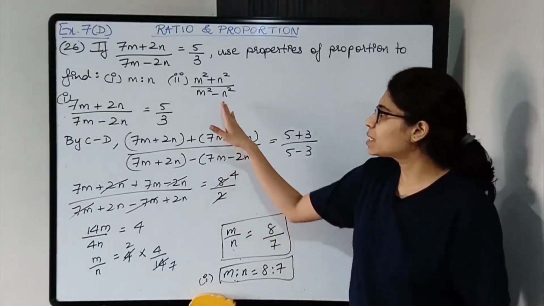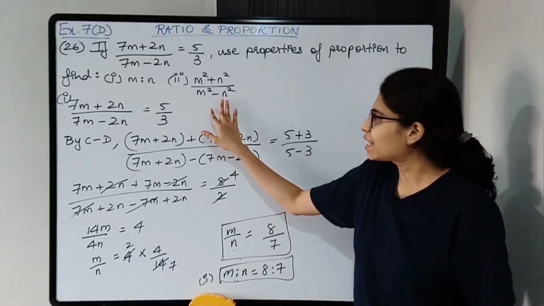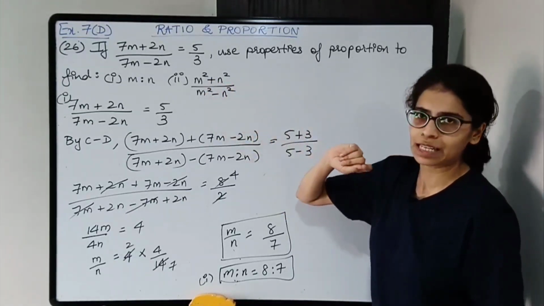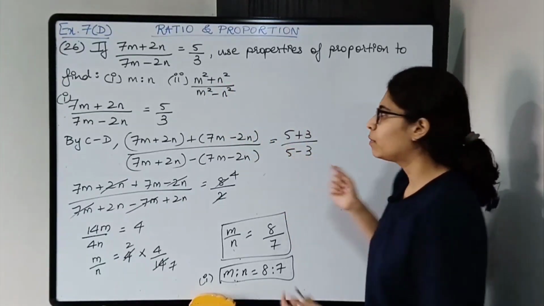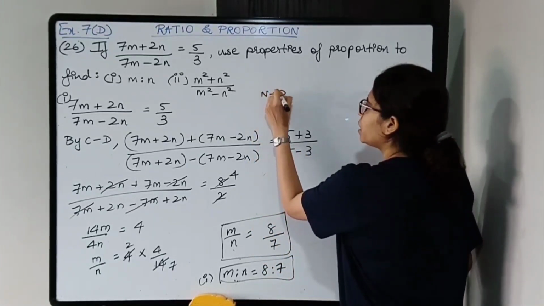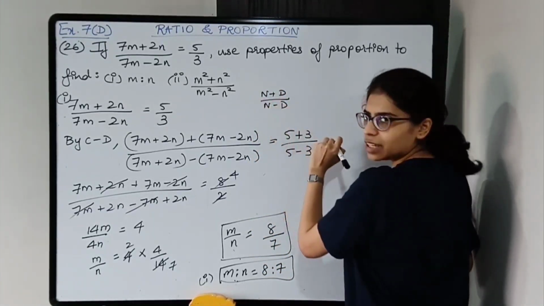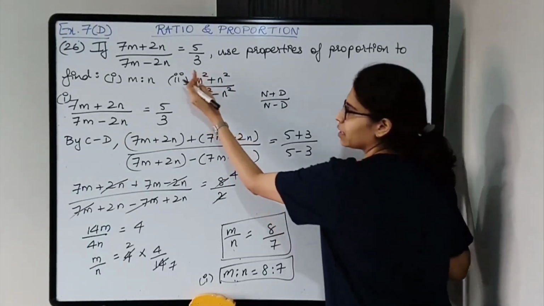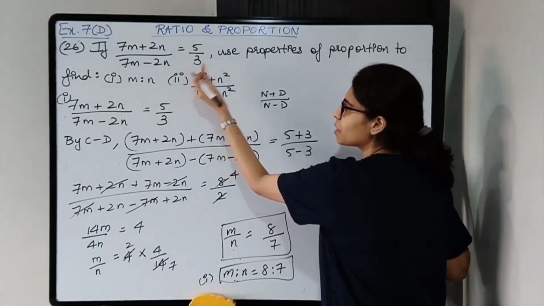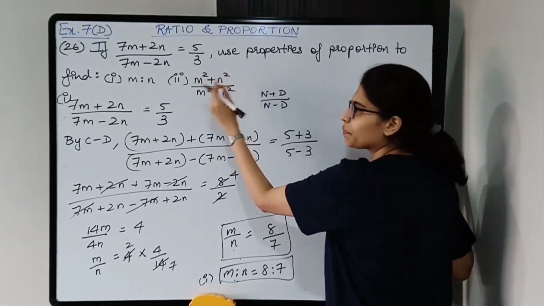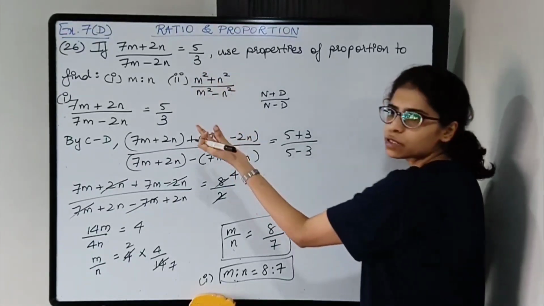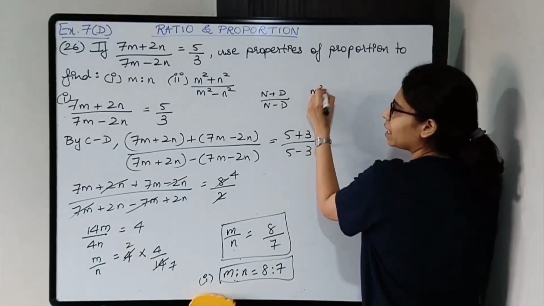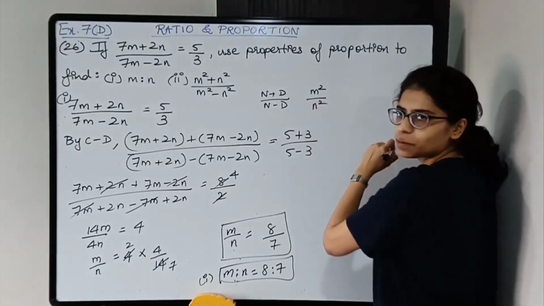Now coming to the second part. In the second part you have m square plus n square upon m square minus n square. This is of the form numerator plus denominator upon numerator minus denominator, right? m square, n square, same terms. The terms in the left part and the right part are the same and signs between are opposite, so we need numerator as m square and denominator as n square.